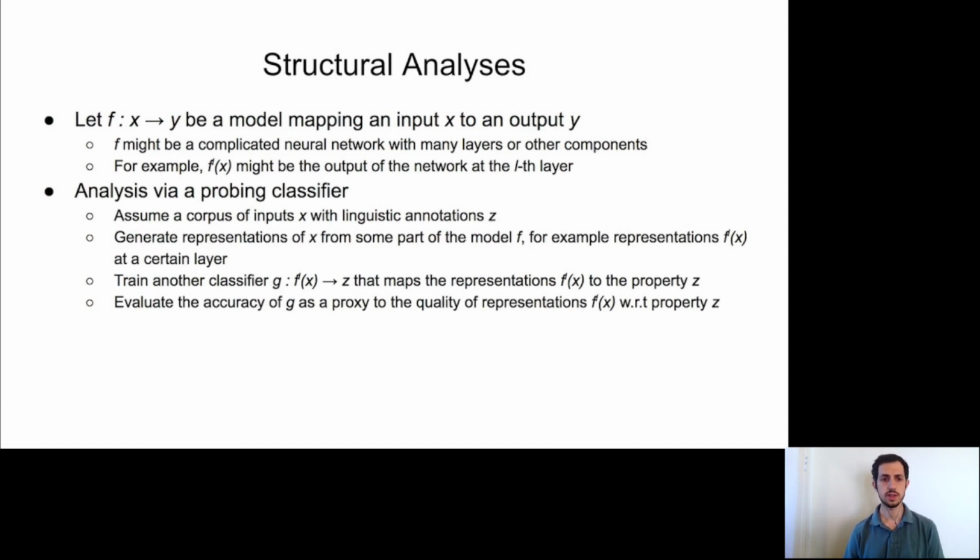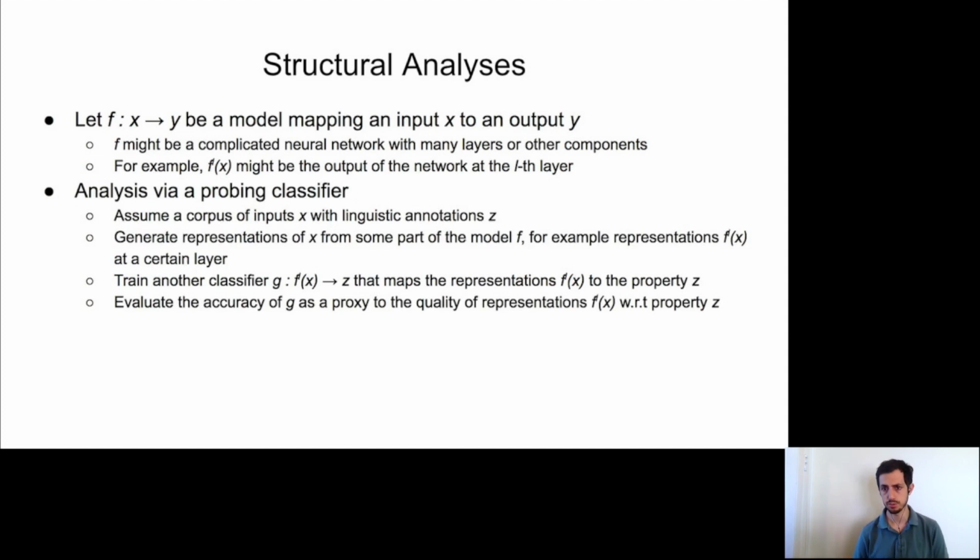So in this setup, we assume that we have some data set of inputs X with linguistic annotation Z, and we'll generate representations of the input X from some part of the model f. For example, we might be interested in the representations at a certain layer. Then we'll train another classifier, call it g, that maps the representations to a certain property or linguistic property Z. And finally, we'll evaluate the accuracy of g, and that will serve as a proxy to the quality of representations with respect to a particular property Z. So this is something called a probing classifier.